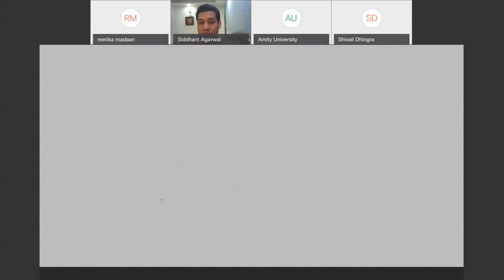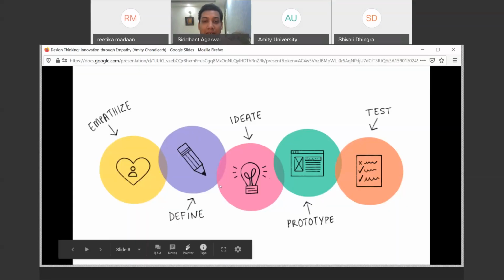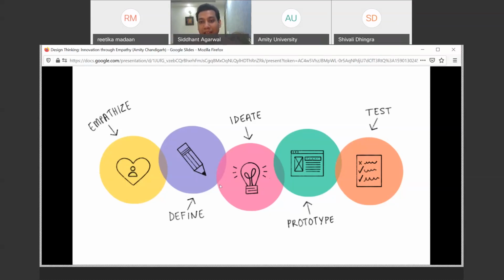From there, we brainstorm 10x ideas and then prototype them so we can fail fast and learn from our ideas through testing. Let me define each of these stages. These are the design thinking process stages that we follow: empathize, define, ideate, prototype, and test. I will try my best to explain each of these stages as I go forward.